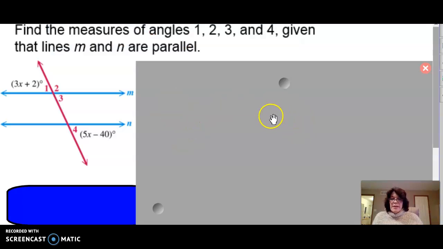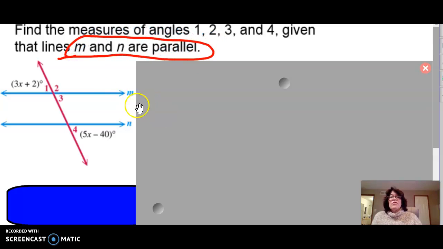So you'll have some things in your homework where you'll need to find, for example, the measures of angles 1, 2, 3, and 4, given that lines M and N are parallel. Since they're parallel, I know about all those equal angles. The only things we know anything about are 1 and 4.